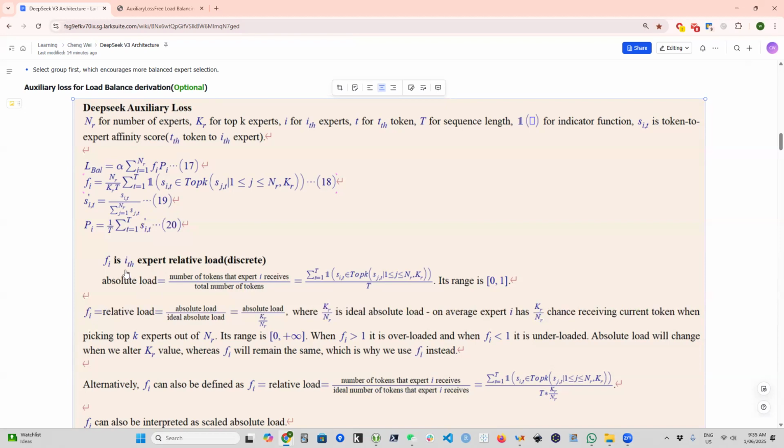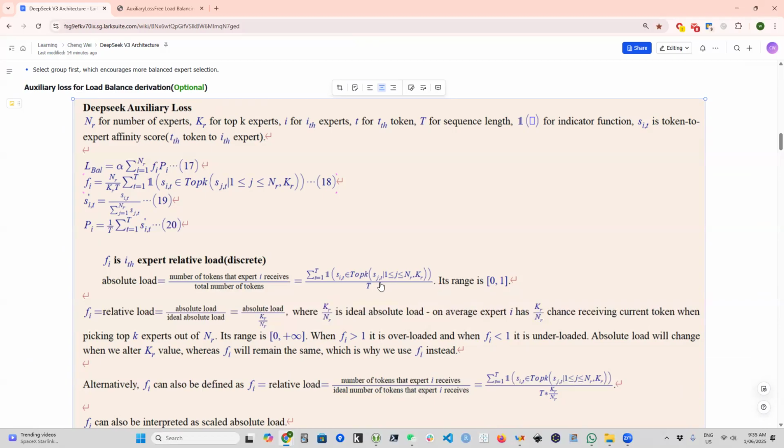That is the expert absolute node, right? Yeah, the percentage of tokens processed by expert i. So it's the top K selection indicator divided by T, right? This is the total sequence length. So this ratio means absolute node, right? The range is 0 to 1, no problem, right?